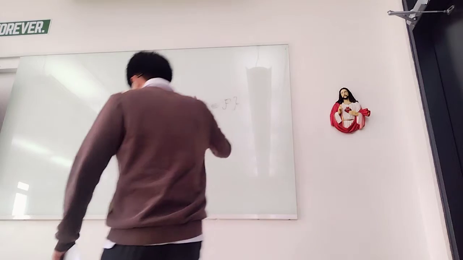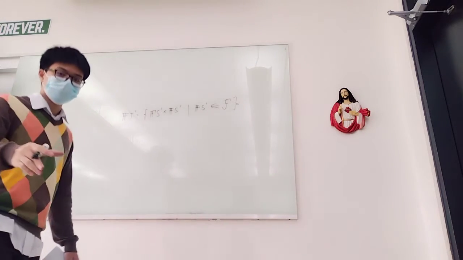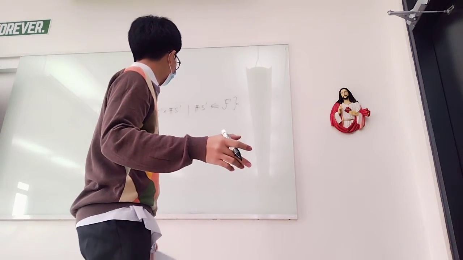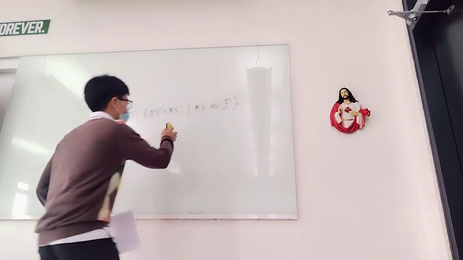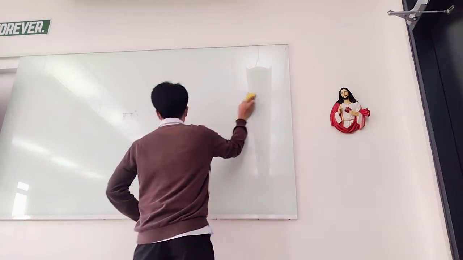So that's that. It's just a shortened version, but just check the original lecture for the full description or full atlas. So this is a shortened atlas for this manifold.